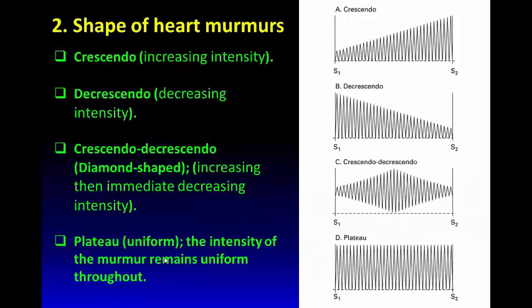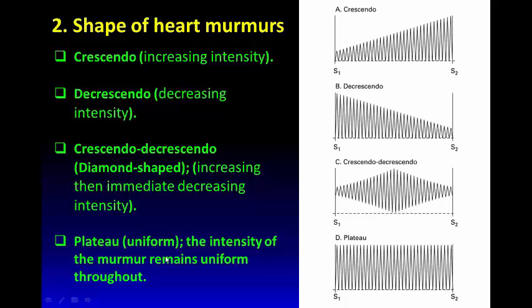Based on the shape of the heart murmurs, the murmurs are classified into crescendo murmurs with increasing loudness, with increasing intensity, decrescendo murmurs with decreasing loudness, with decreasing intensity, and crescendo-decrescendo murmurs. These are the diamond shaped murmurs with increasing and then immediate decrease in loudness and intensity of the murmur.